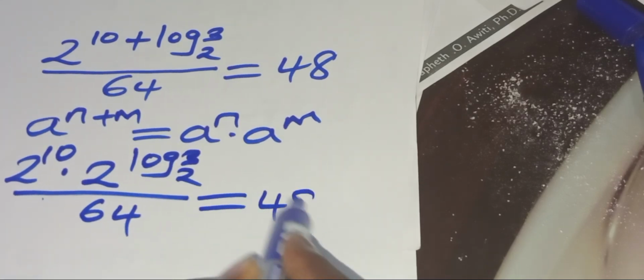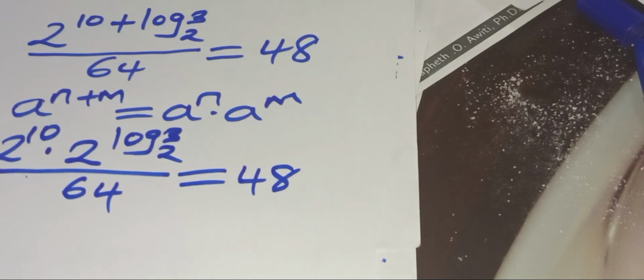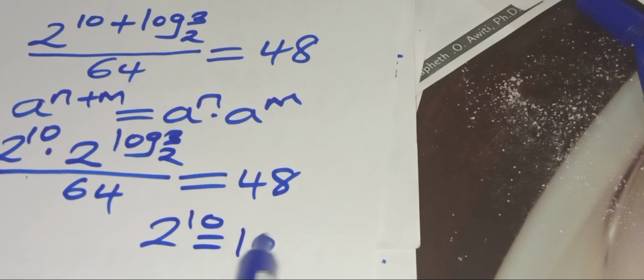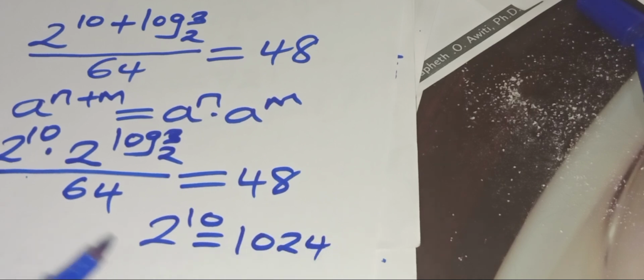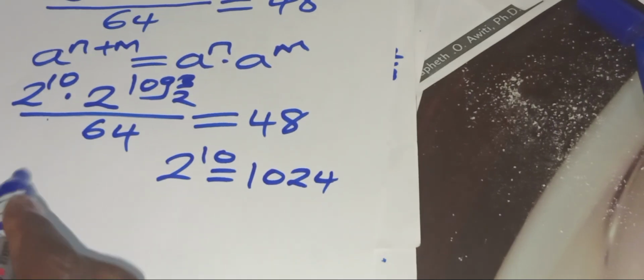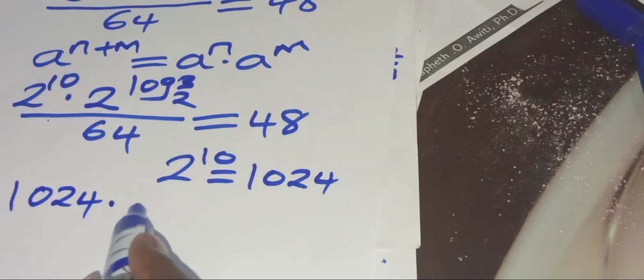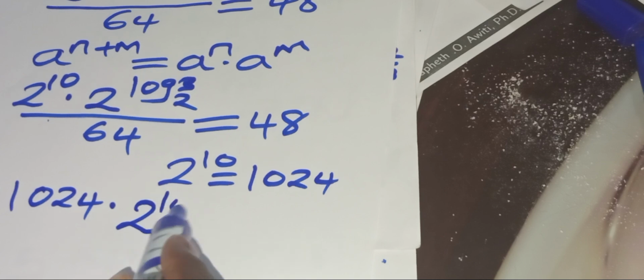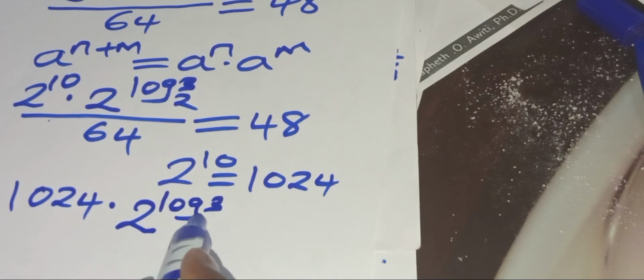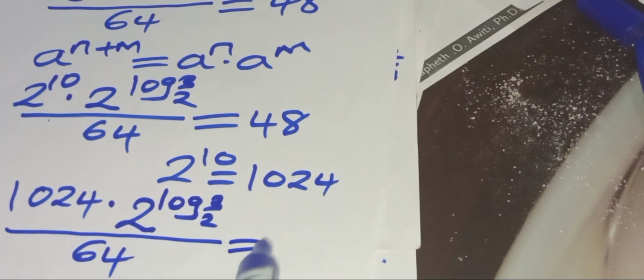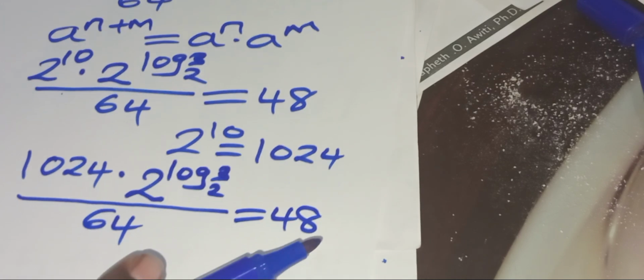This should give us a value of 48. Now 2 to the power 10 is equal to 1024. So this is 1024 multiplied by 2 to the power log 3 to base 2, divided by 64. This should give us a value of 48.